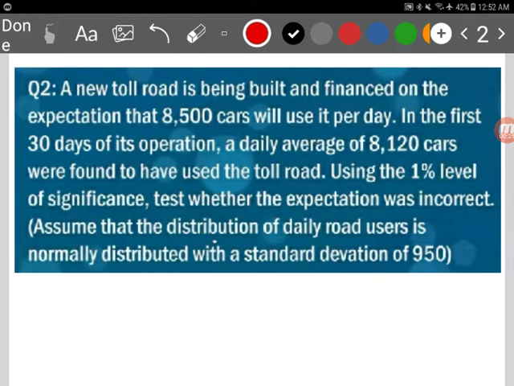The first step says, in the context of the application, which is this question here, state the null and alternate hypotheses and state the level of significance, alpha. Read the question very, very carefully to make sure that you have all the information that you need.